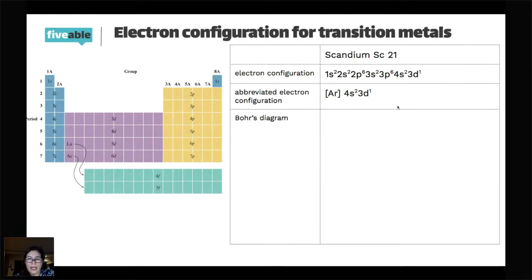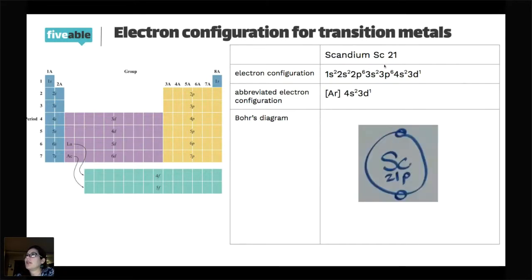Very good. Okay, now I am going to take a moment and do Bohr's diagram step by step so that we know what would be the basic difference in transition elements. So Bohr's diagram, if we remember, it's a diagram in which we place the electrons in energy levels. So we start with scandium, 21 protons in the nucleus. The first shell will have 2 electrons, right?